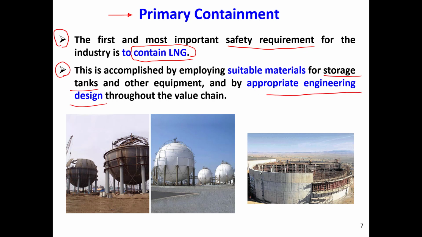Those are some figures of the different types of LNG storage tanks that we have. The LNG industry has been available and developing for almost 70 to 80 years, so there is a lot of good experience and development in designing such tanks.